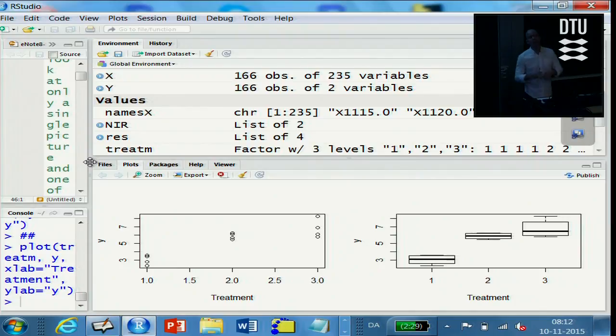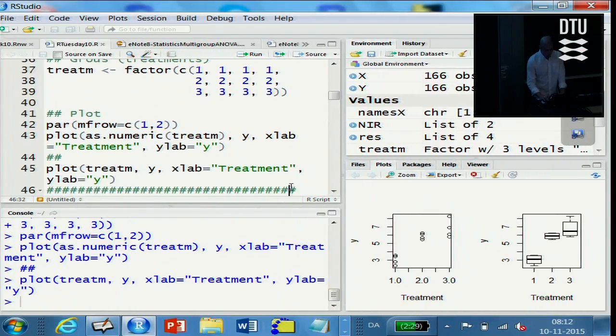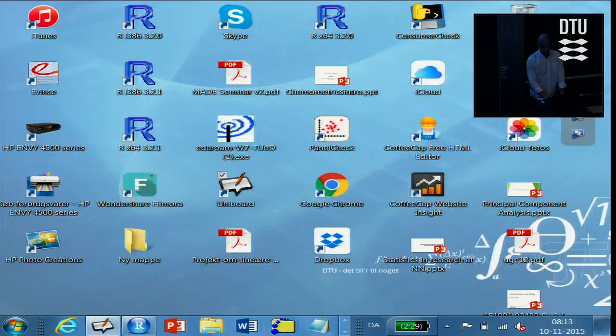That's the thing I'm repeating all the time. We should not forget to look at the data in an explorative way, as we started many years ago when we were faced with some data. We should continue doing that. What we can do here now is to move on and not only look at data exploratively, but try to learn from data in a formal way and make some formal decisions about what we believe in.